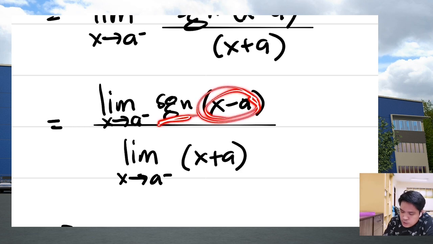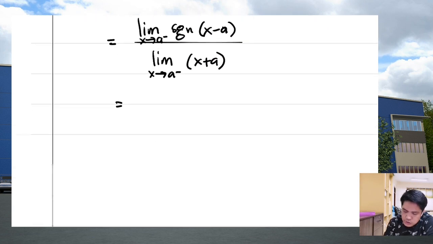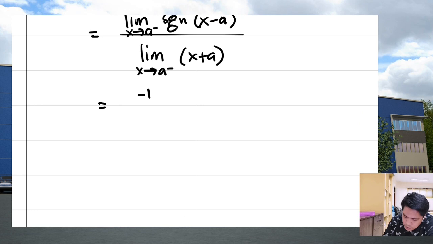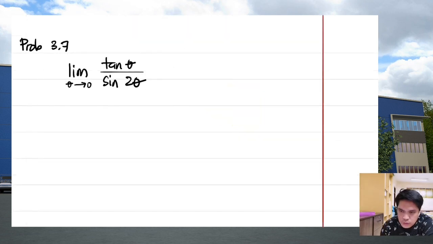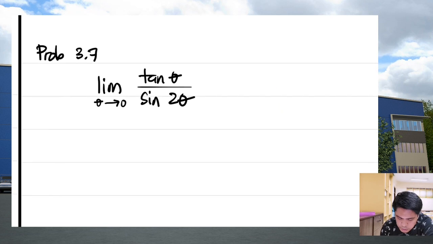So the signum of a negative number is equal to negative 1. So we have negative 1 over, eto na, that would be a. Evaluate na natin a plus a, that's 2a. So the answer is negative 1 over 2a. So that's our answer.